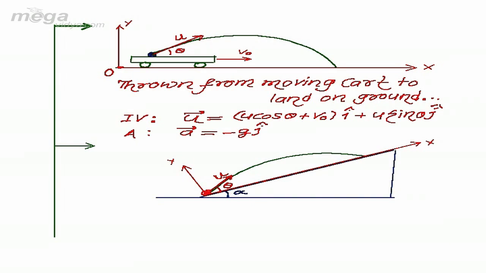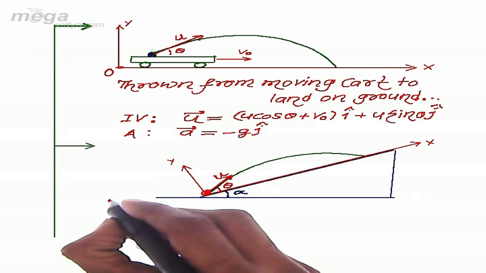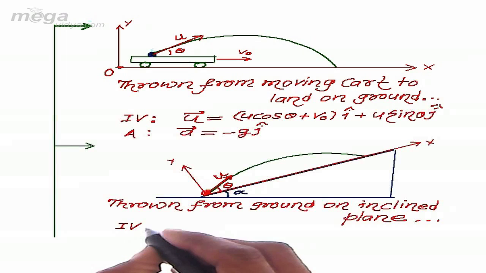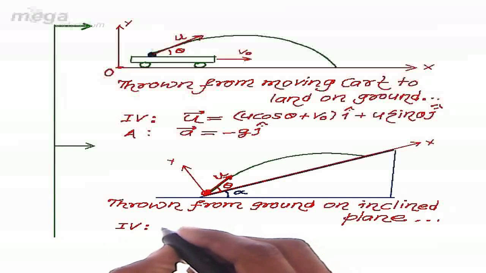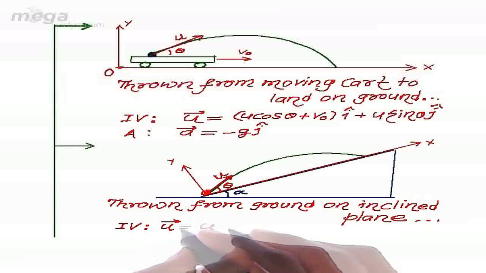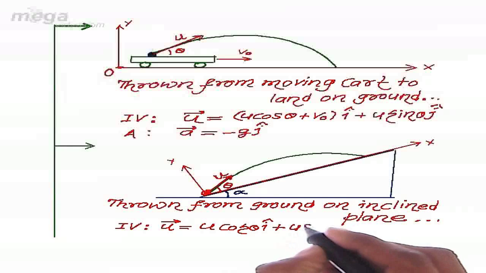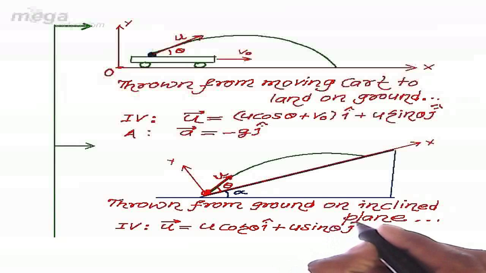Here, depending upon the modified reference frame which we have taken at an angle alpha with the ground, we can conclude some facts. If we do a little exercise with a situation like this, then we can obtain the initial velocity of the projectile in vector form as u cos theta i cap plus u sin theta j cap.